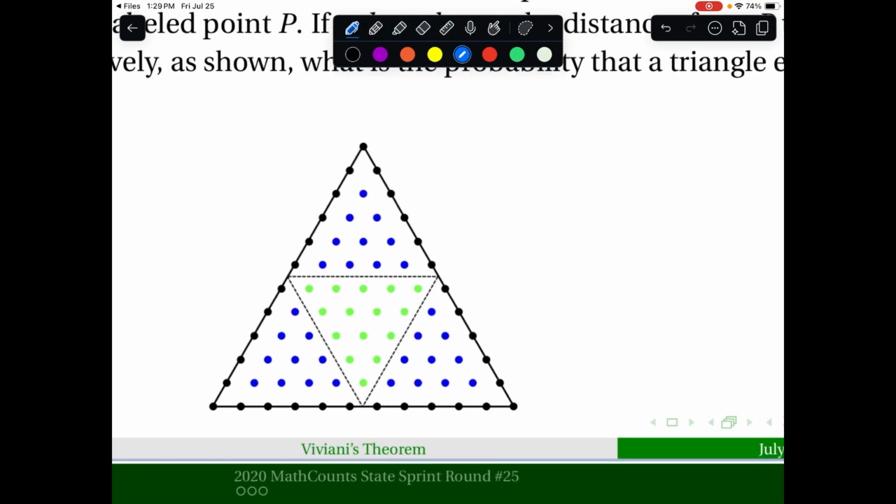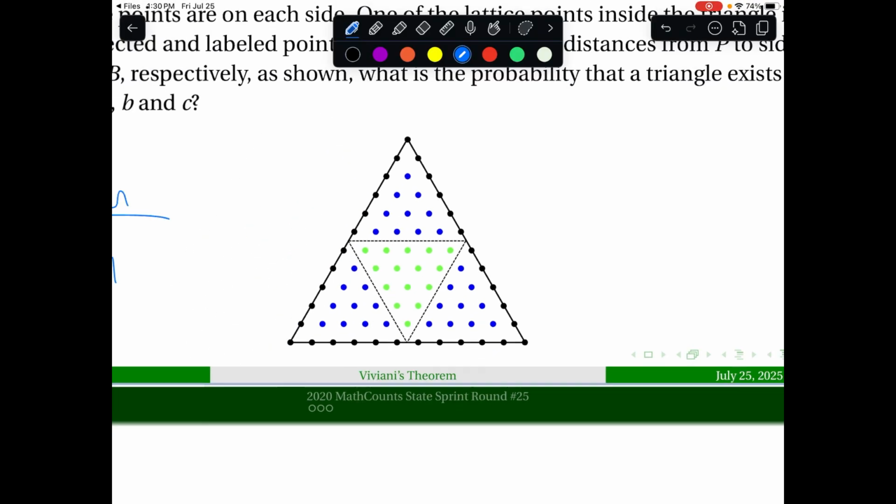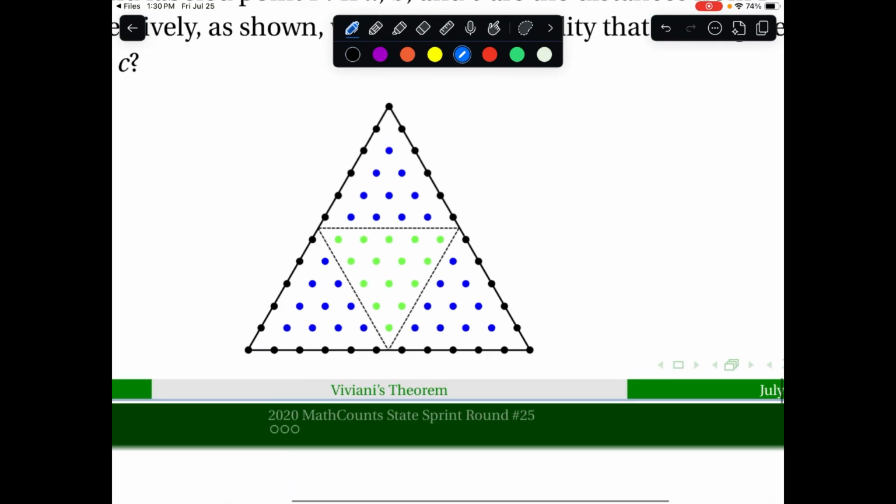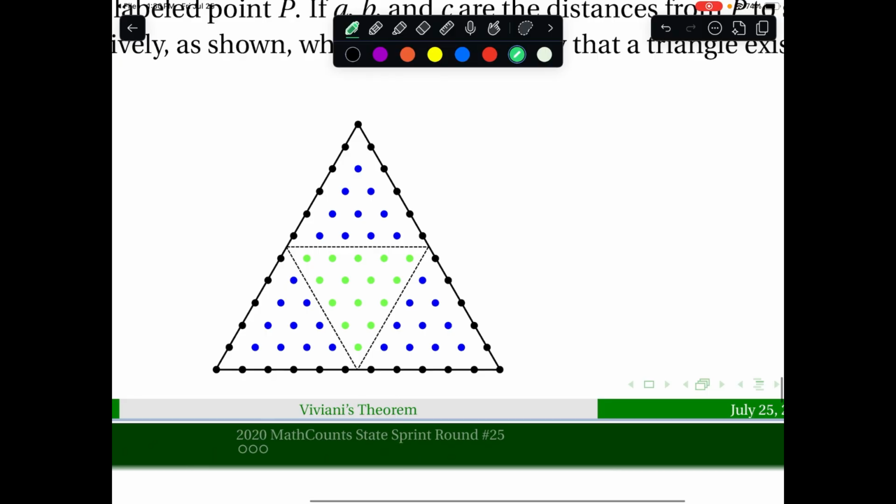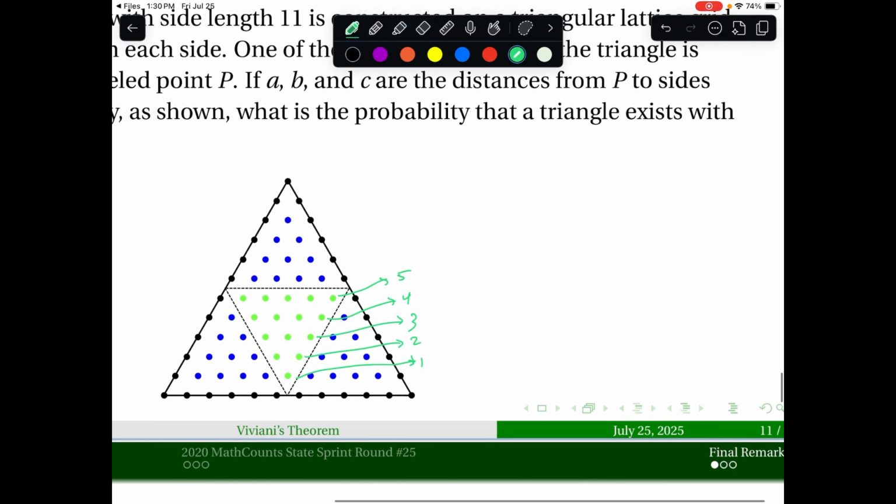Let's compute the number of green points. I'm going to do that in green. We have a row of 5 here, a row of 4, a row of 3, a row of 2, and a row of 1. So the number of green points is 5 plus 4 plus 3 plus 2 plus 1. That comes out to 5 times 6 over 2, which is 15.